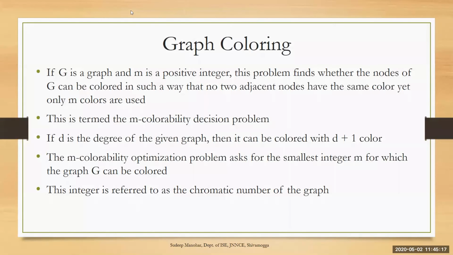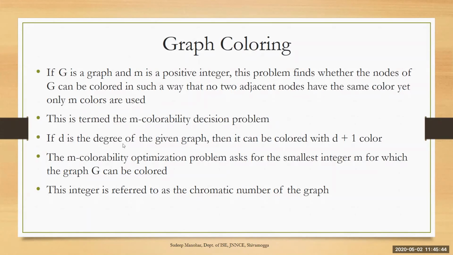It should have a different color, and you are supposed to color it using a maximum of M colors. Okay, that is the problem. So this problem is called the M colorability decision problem. It tells whether you can color the graph using the given M colors or not. So that is the decision making problem.